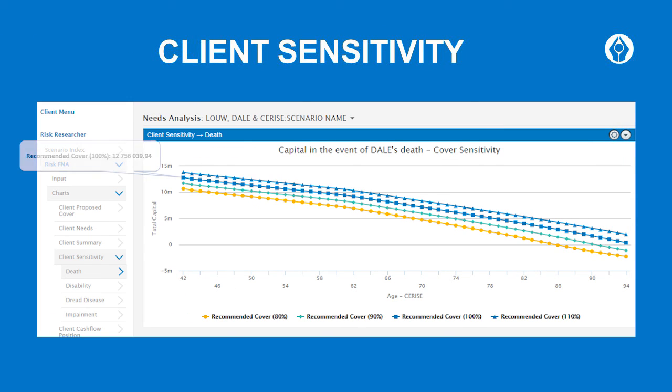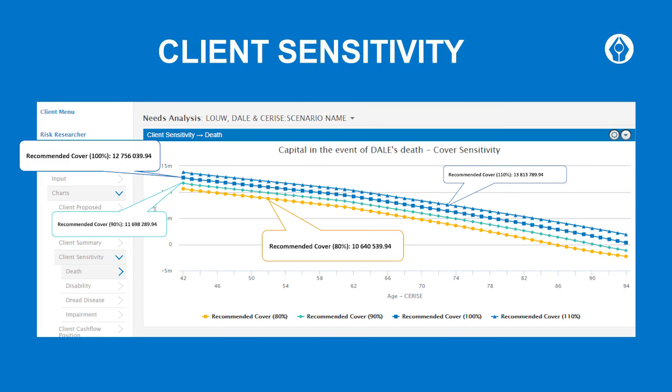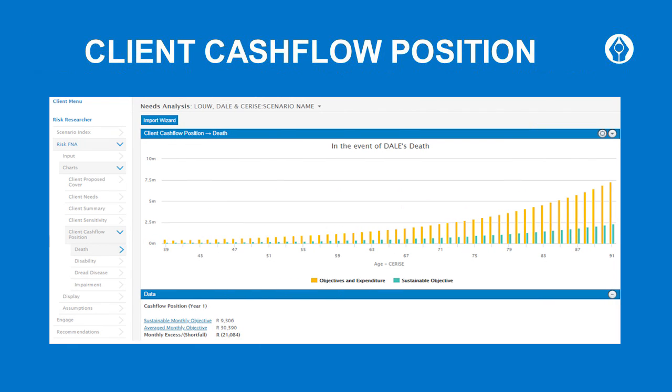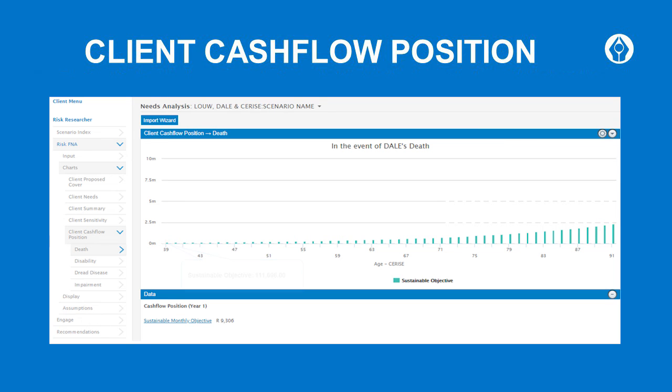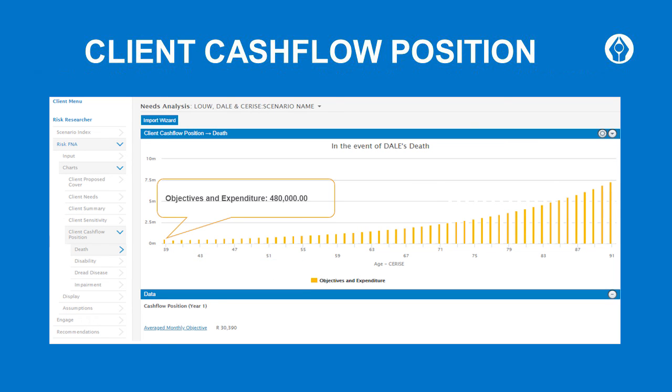Cover sensitivity illustrates the effect of implementing a reduced cover shortfall. It also indicates how it will affect the capital required. The client cash flow position compares the sustainable monthly objective and the averaged monthly objective. The result is expressed as a monthly excess or shortfall.